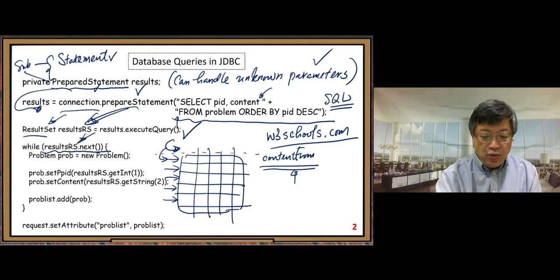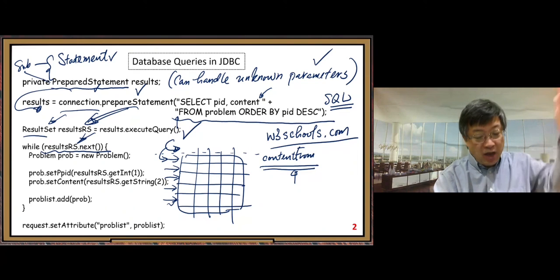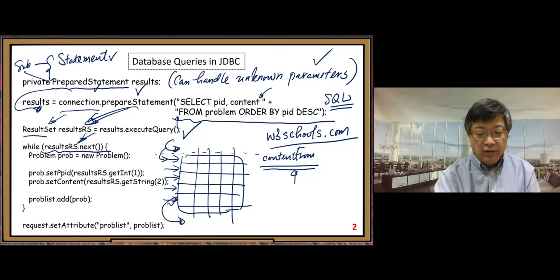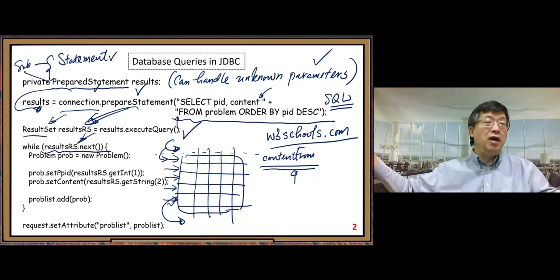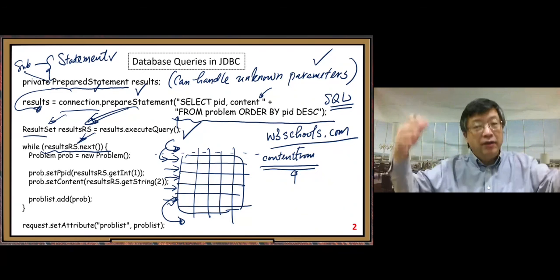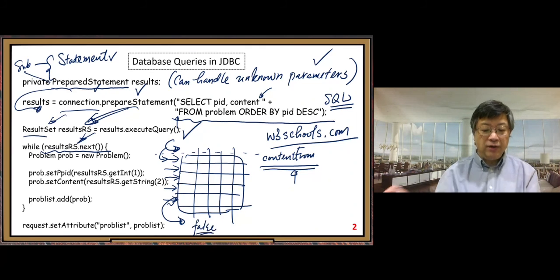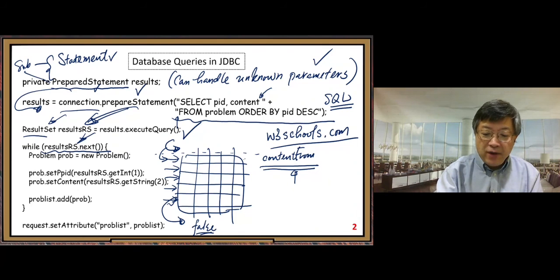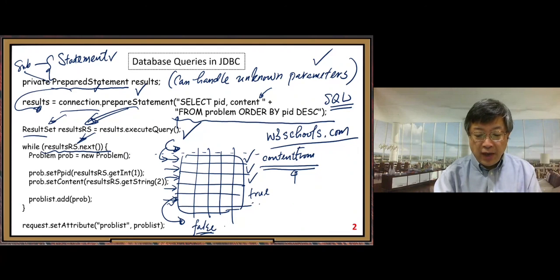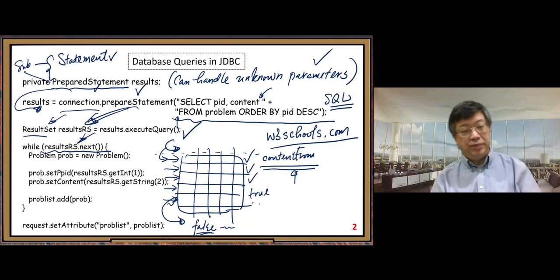But when you reach the last row, the next time you call it, the cursor points outside the data, where there is no line, so it returns false. If something is returned, it's true; if no data is returned, it's false. So you get out of the while loop.